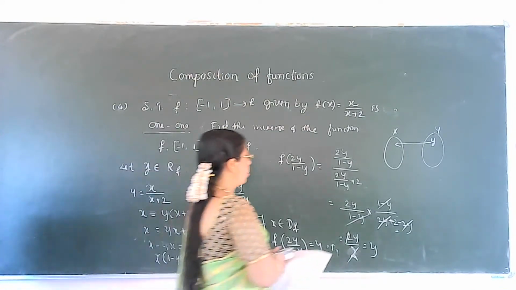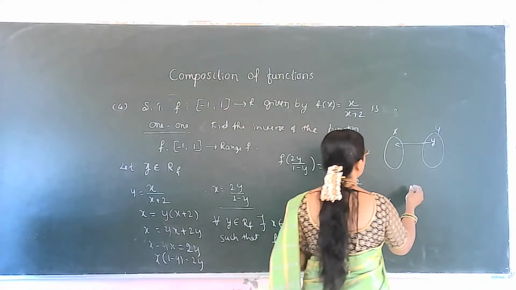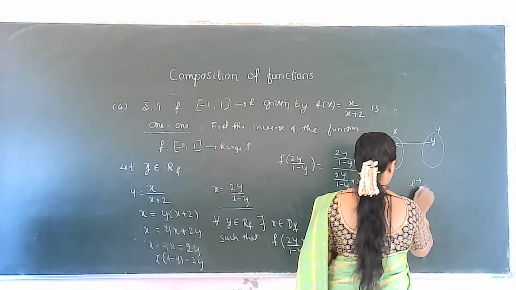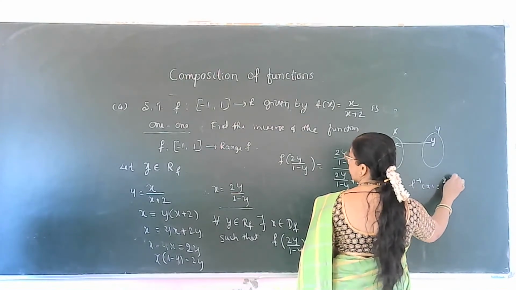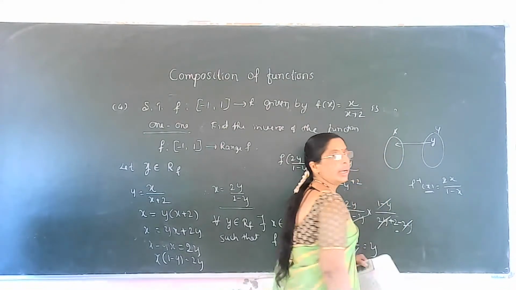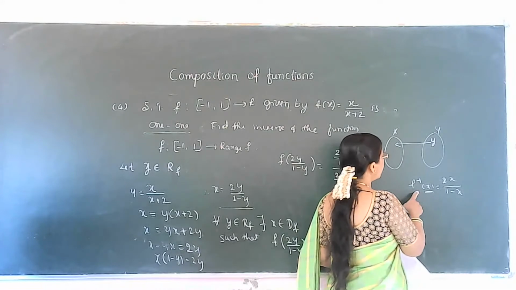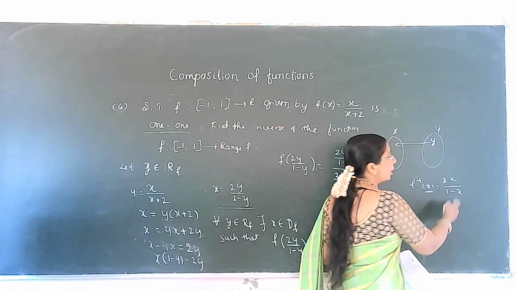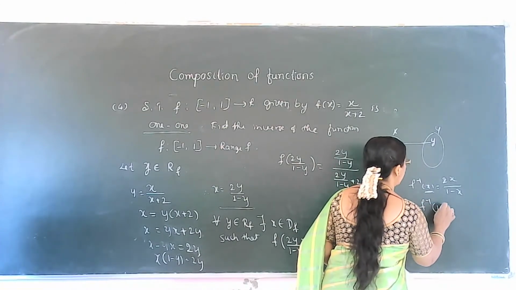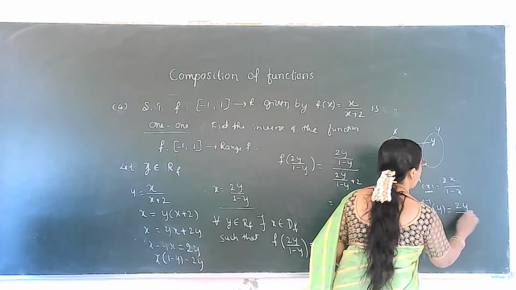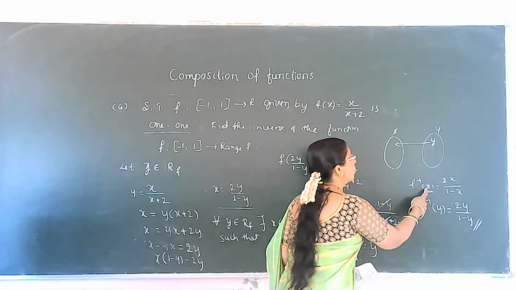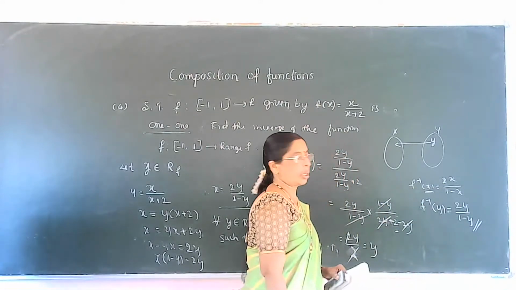Then the inverse of this function, f inverse of x, is equal to 2x divided by 1 minus x. If we write x here, we write the inverse also in terms of x itself. If we write f inverse of y, it is equal to 2y divided by 1 minus y. Don't forget, if you write x here, you have to write x.